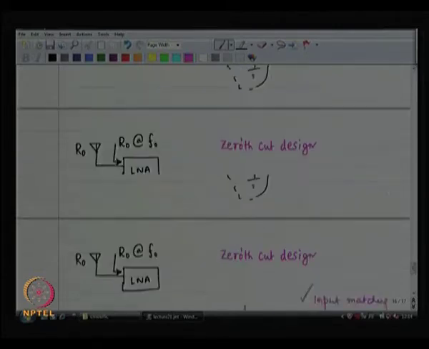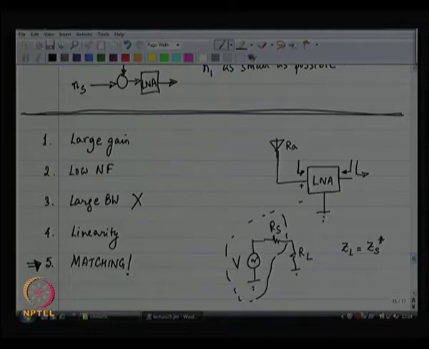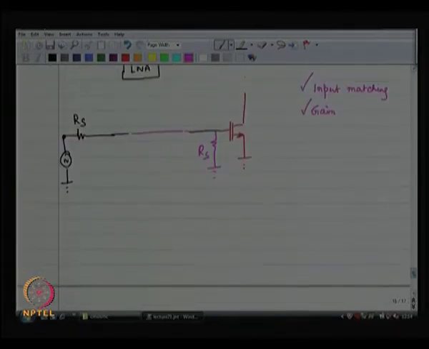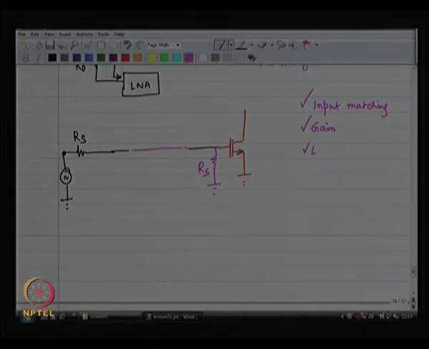I will do whatever needs to be done to get good linearity, etc. But a low noise amplifier needs to have a low noise figure.